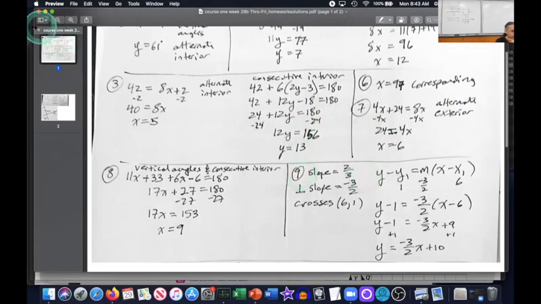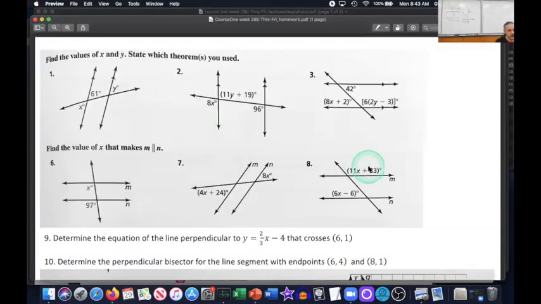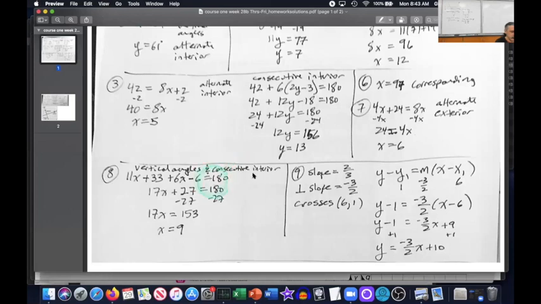And now for number 8, these type of angles, there's no name for them. So what we do is we use the vertical angle of the 11x plus 33, and then we have consecutive interior that we compare with the 6x minus 16. Okay, so that's how that went.